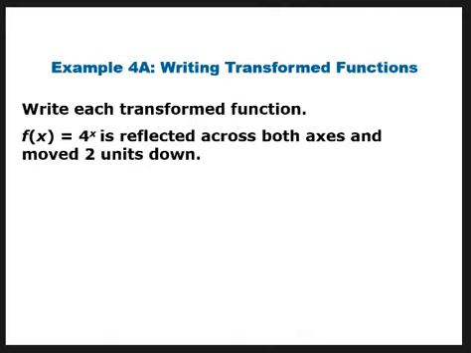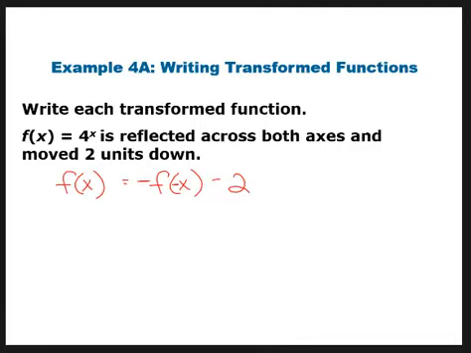So if our parent function is 4 to the x, and it says it's reflected across both axes and then moved down 2 units, a reflection across both axes would mean we're making the whole thing negative, which flips it across the x, and we're also making it negative on the inside, which flips it across the y, and then we are moving it down 2 units.